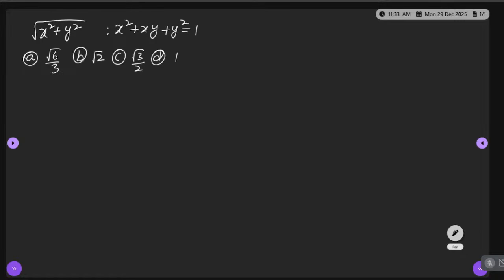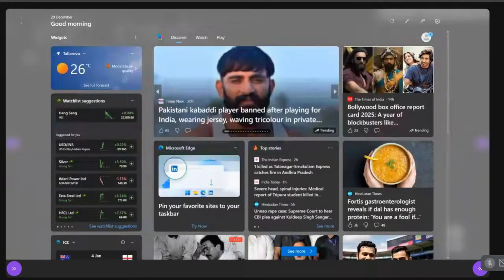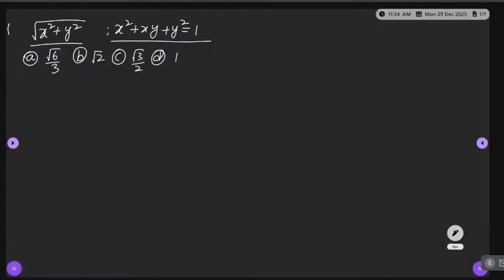So here is one function. This is another one. Now this I am going to write as f of (x, y).